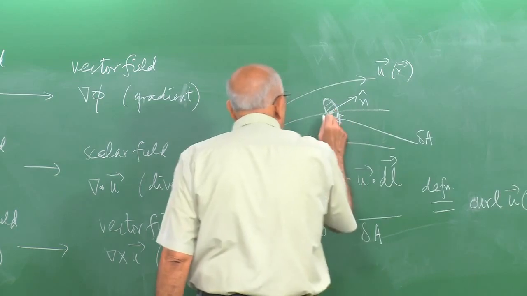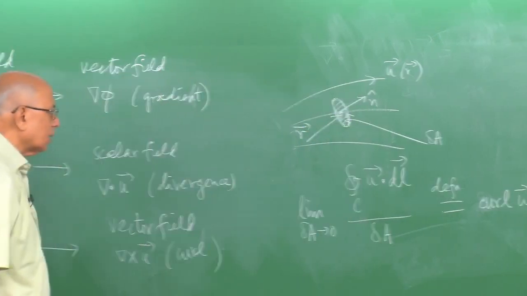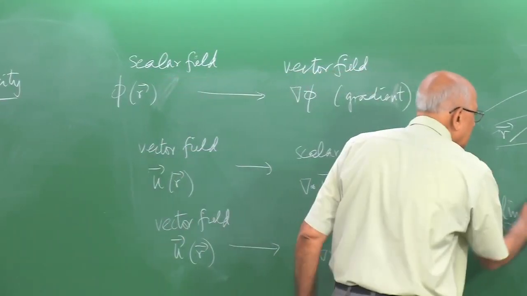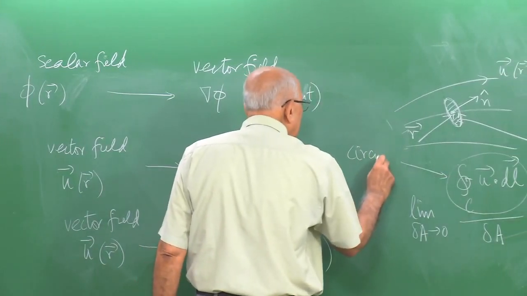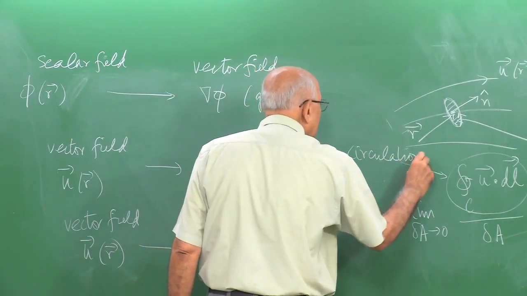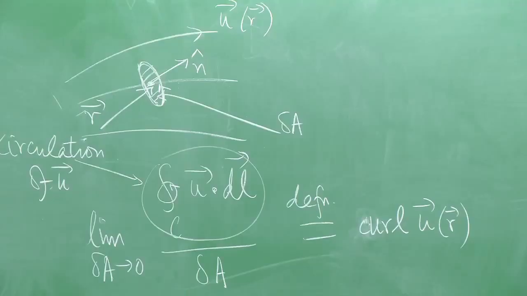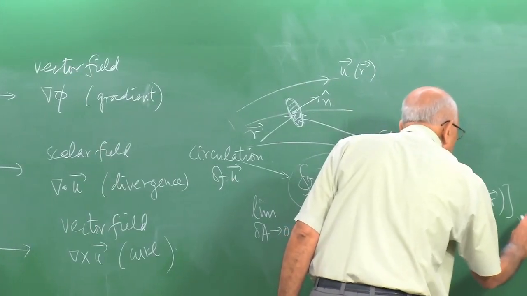So, this is the point r in some coordinate system, and the curl of u is defined as the circulation of the vector field. So, the circulation per unit area is the normal component, it is the component of this vector along the direction n.